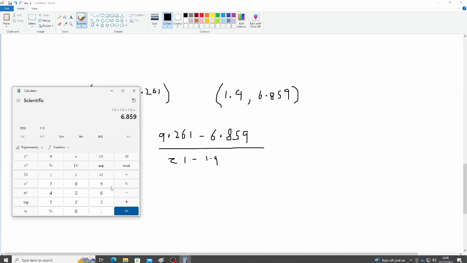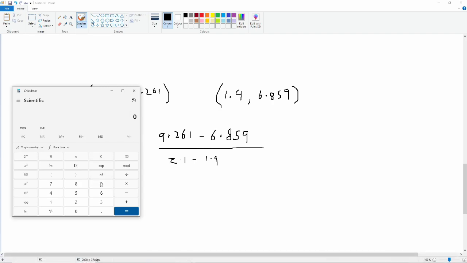Okay, let's put that into the calculator. 9.261 minus 6.859 equals 2.402.